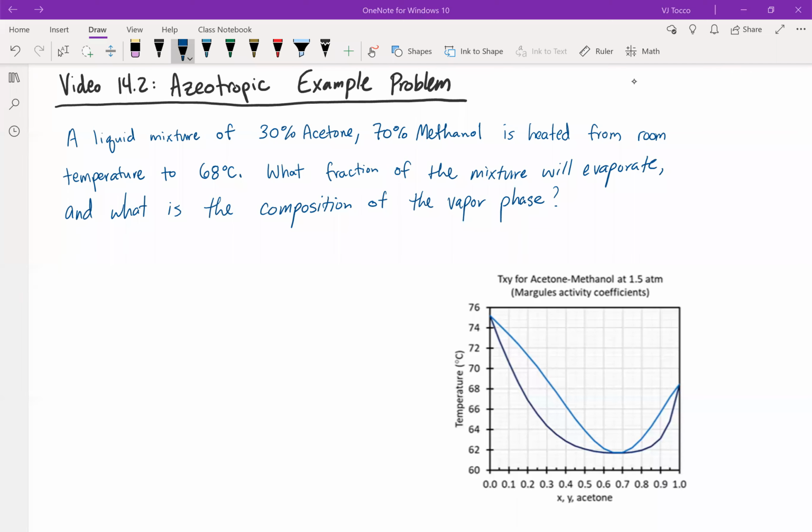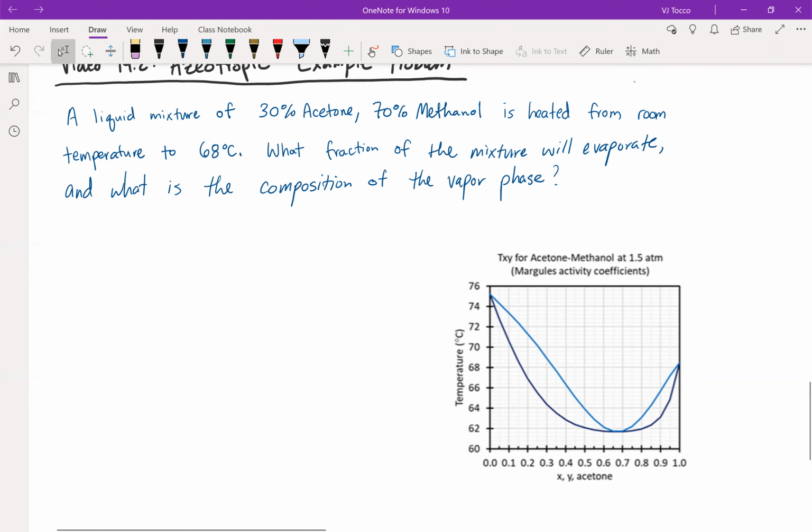So here we go, voila, we have some equilibrium data. Notice we have a minimum boiling azeotrope in this system, but this is going to allow us to solve the problem. So let's first draw a picture. This looks like a closed system. I'm just going to draw a cylinder with some liquid in it, liquid mixture that is 30% acetone, 70% methanol.